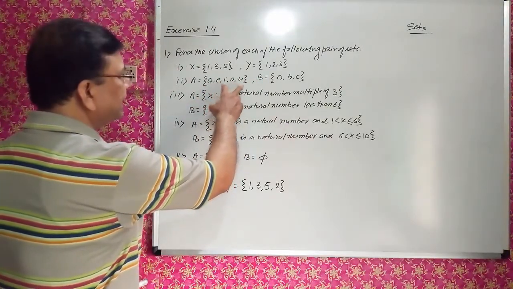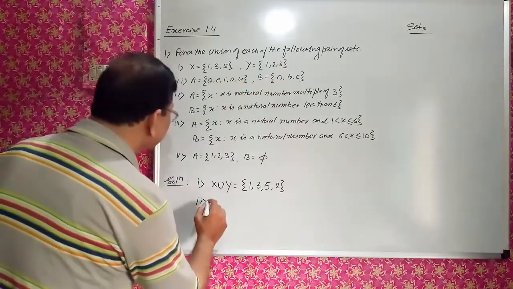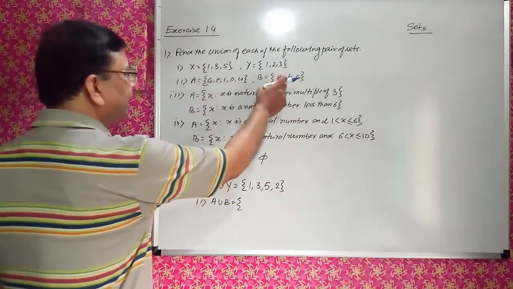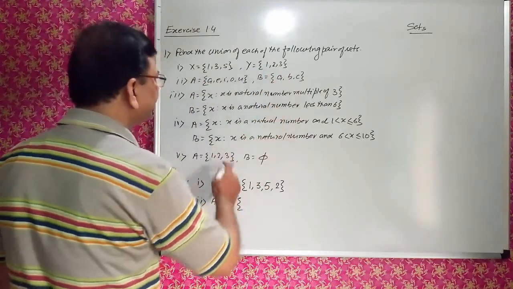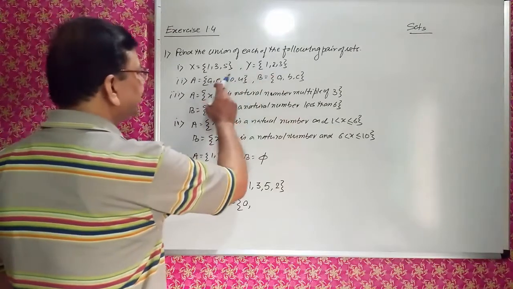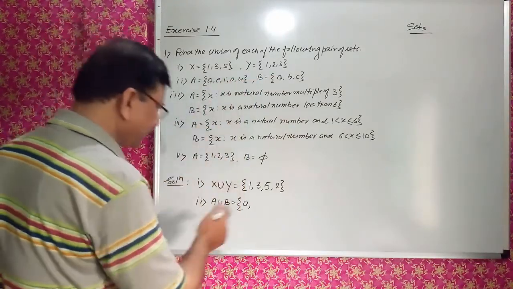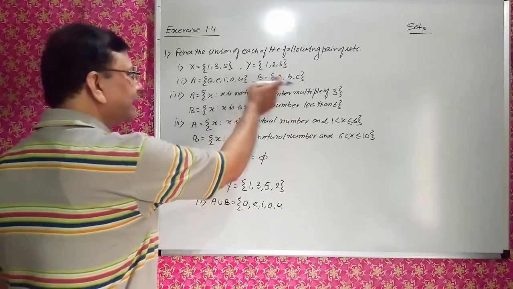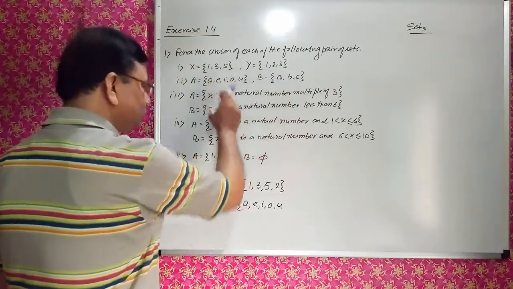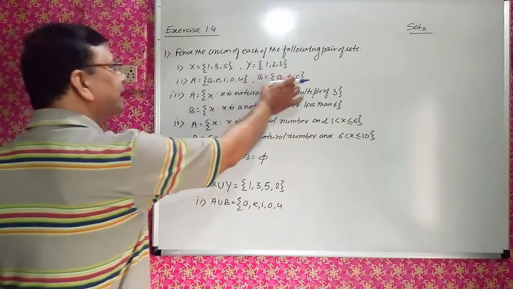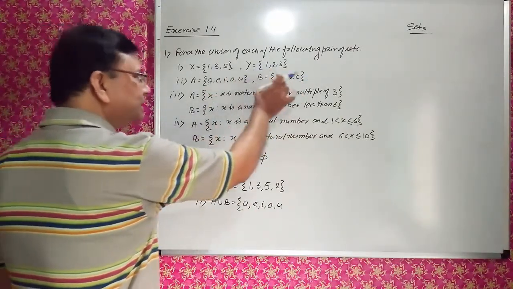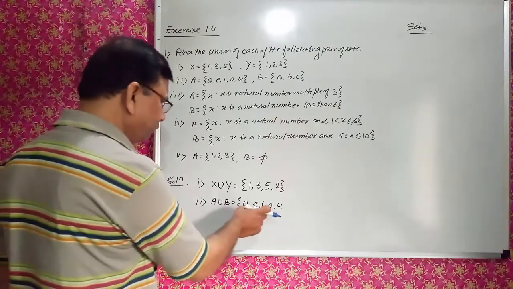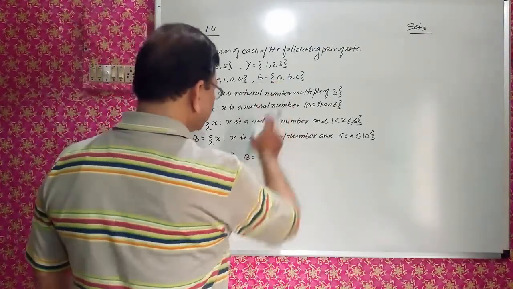Second part. These are the two sets. Elements are vowels A, E, I, O, U, and this A, B, and C. So you find A union B. First element you see, A and A, it is common, so I will write A. Then E is not there in B. E, I, O, U, I will write all of them, because they are there in A but not in B. Those elements will also be written which are in A but not in B, and those which are in B but not in A, because either of these two sets' elements are to be included in A union B. And A is common, I have already written.